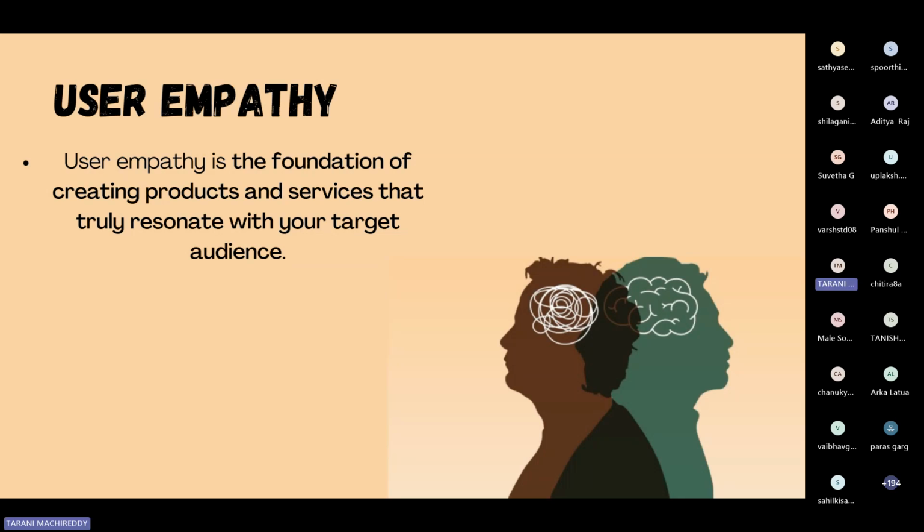Okay, let me give you an example. A healthcare startup wants to design a mobile app to help chronic disease patients manage their conditions better. Can you guys tell me what that healthcare startup can do to develop an app based on the things we discussed before?